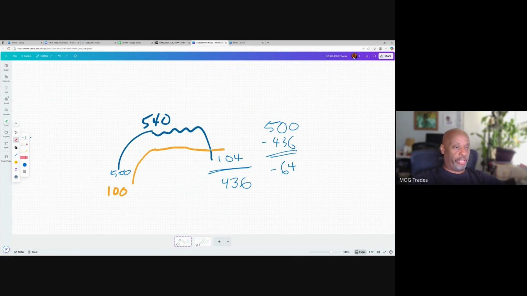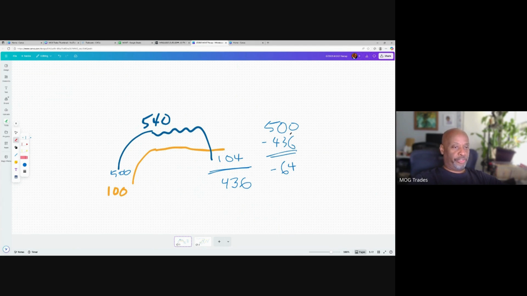So let's do the math on this. Start out with $500. It stopped me at $104. So if you take $104 off of the $500, you get $436.